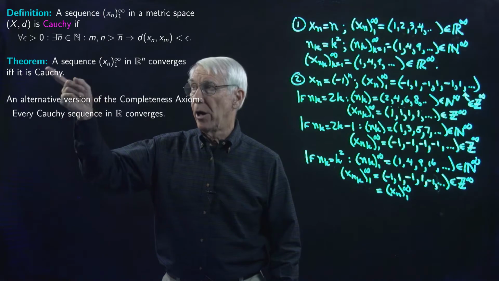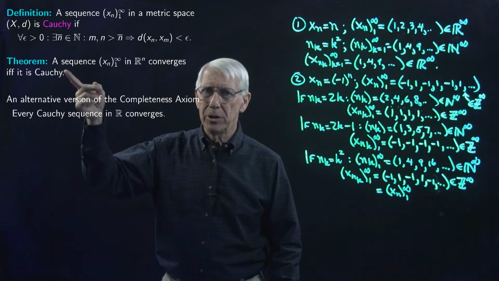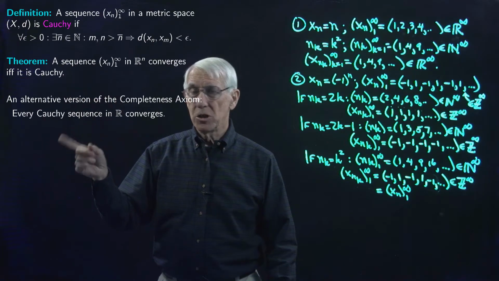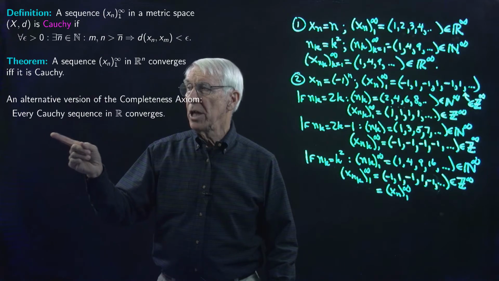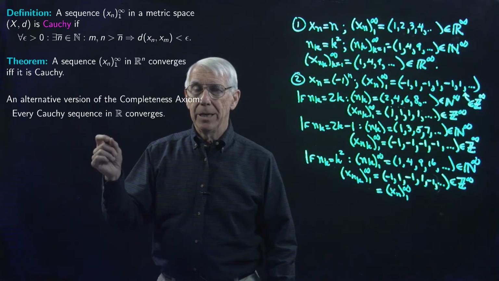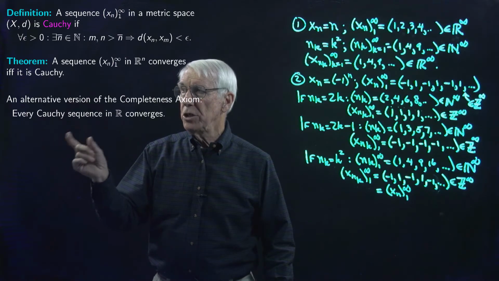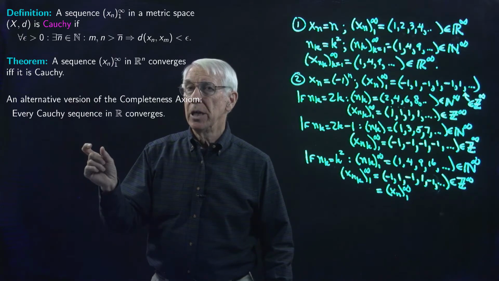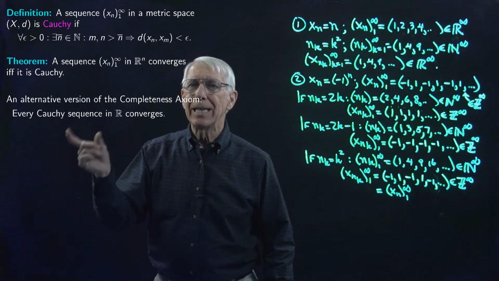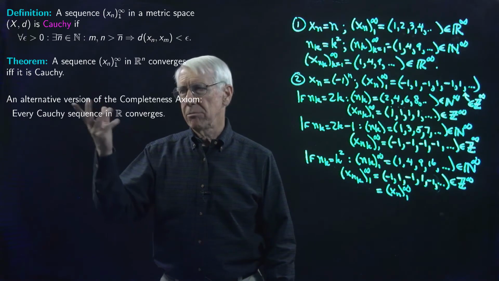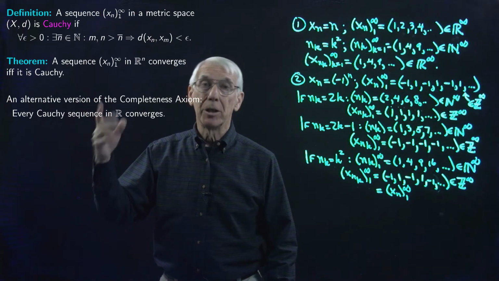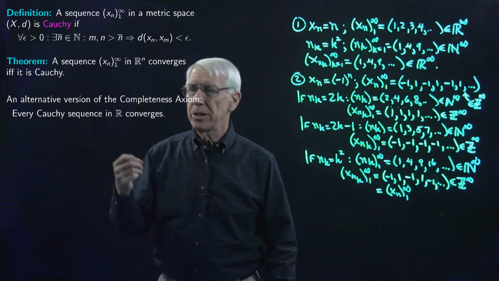Unlike R or Rn, where Cauchy sequences always converge, you're going to see situations where Cauchy sequences don't converge. And it's just the spaces where the Cauchy sequences do converge that are kind of the nicely behaved spaces, like Rn, that are called complete spaces, actually.